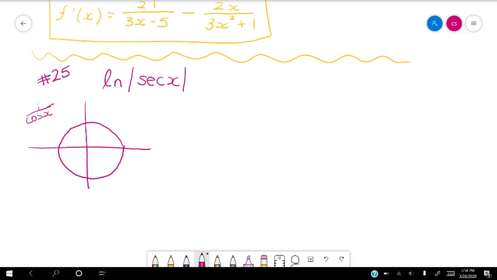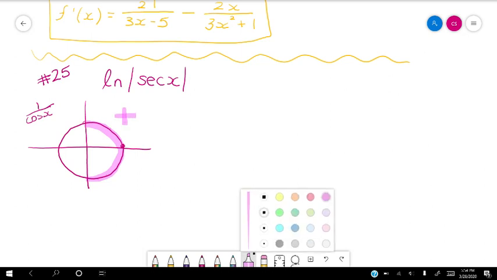And cosine is the x coordinates around the unit circle. So where are the x values positive and where are the x values negative? All right, in quadrants 1 and 4, cosine is positive, and then in quadrants 2 and 3, cosine is negative.